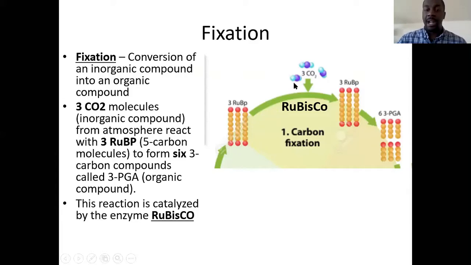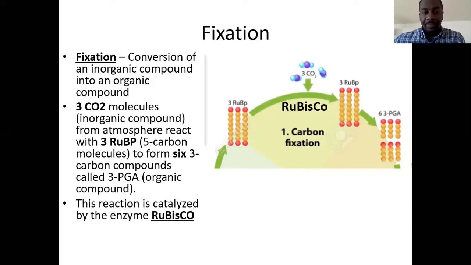Each RuBP is going to interact with a carbon dioxide, and that's going to add a 6th carbon to that RuBP. When that happens, that's going to split each of these RuBPs in half into 6 total 3-PGA molecules. That's going to be catalyzed by the enzyme Rubisco.